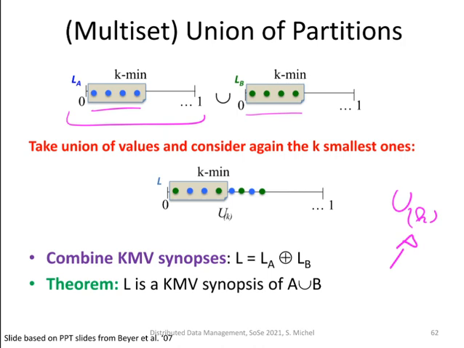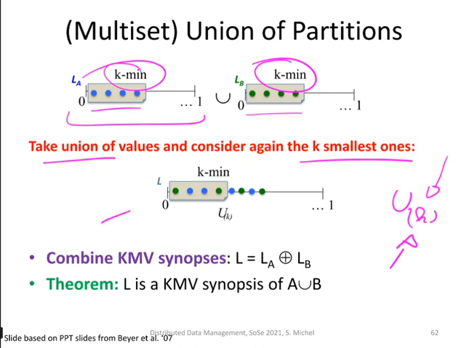If you want an estimate for the union of these two sets, so the number of distinct elements in the union of A and B, then you take the union of the k minimum values and keep again the k smallest ones. This is why we need to keep these k values each and not only the uk value.